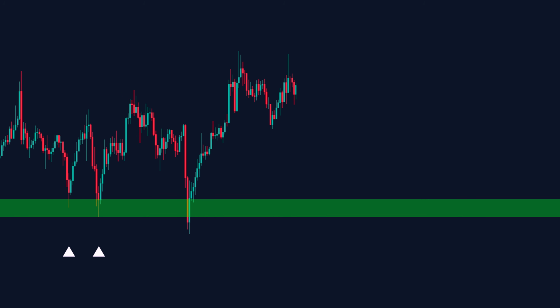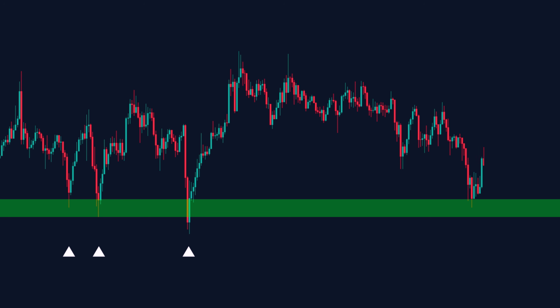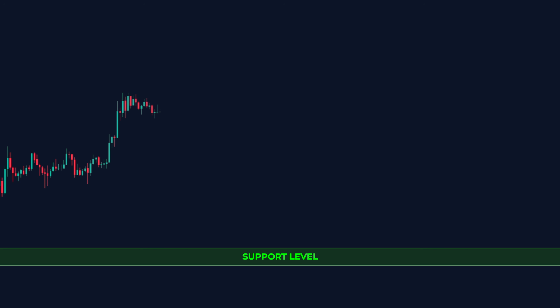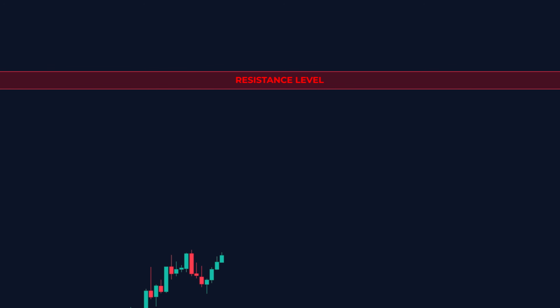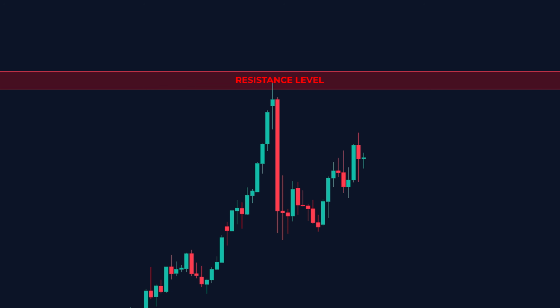These levels often act like psychological zones where large numbers of buyers or sellers enter the market. If the level is below the current price, it's called support, and traders may look for buying opportunities when price returns to it. If the level is above the current price, it's called resistance, and traders may look for selling opportunities when price moves up toward it.